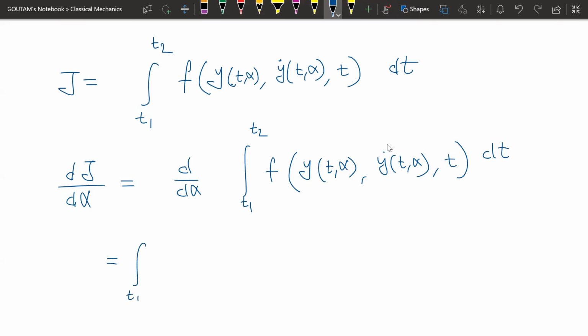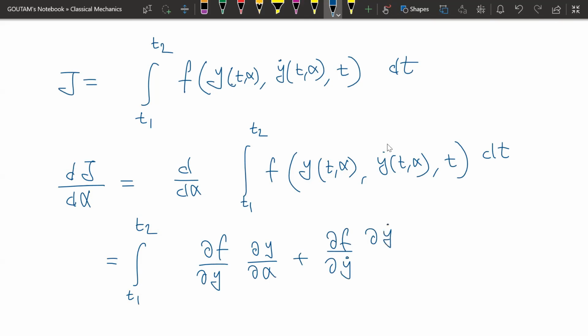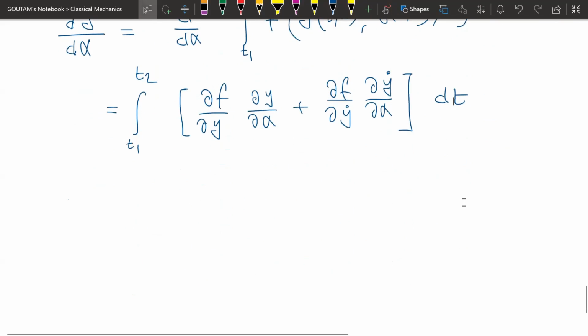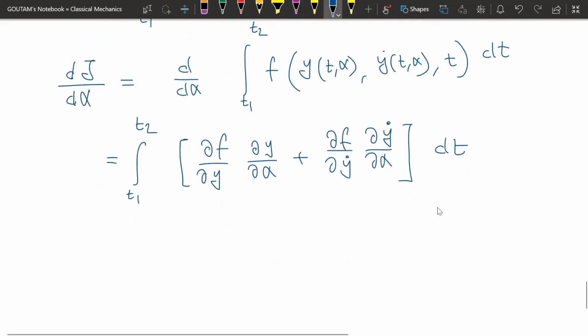In that case, f is a function of y and y dot, which are functions of alpha, so by the chain rule we get del f/del y del y/del alpha plus del f/del y dot del y dot/del alpha, dt. Now consider this second integral.